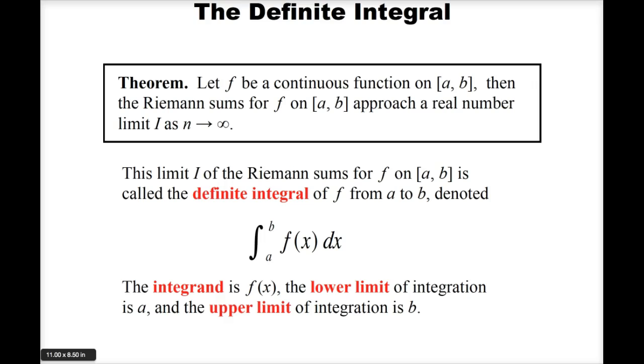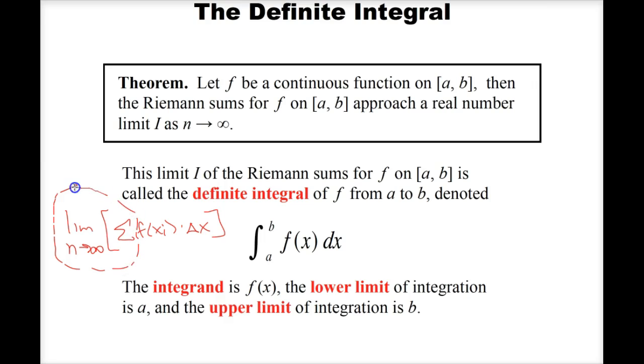So really what we're saying here is that if we do the limit as n approaches infinity of the sum of f of x sub i times delta x, then this portion here we could call the infinite sum, which we then use the integral sign for, over the range from a to b.